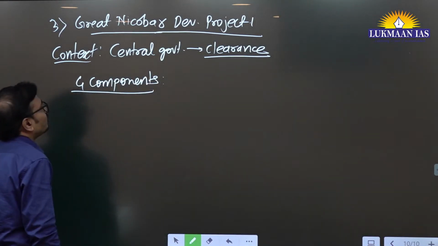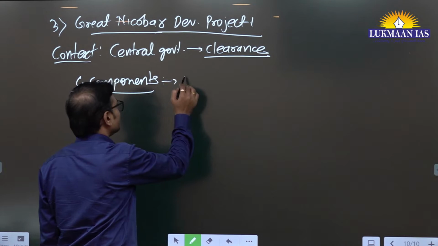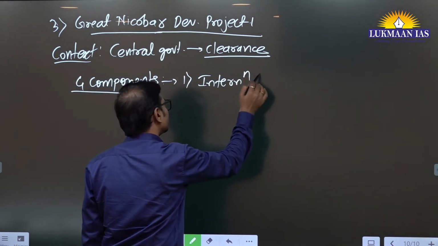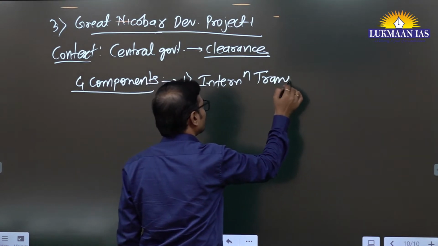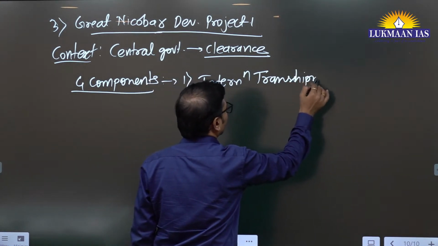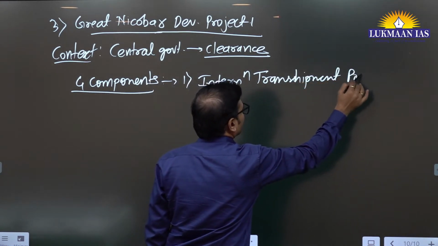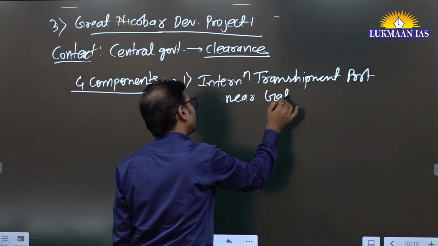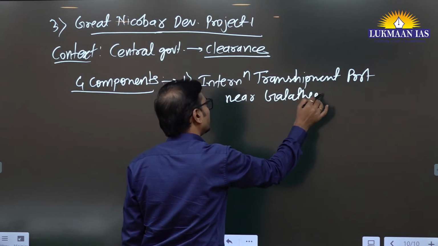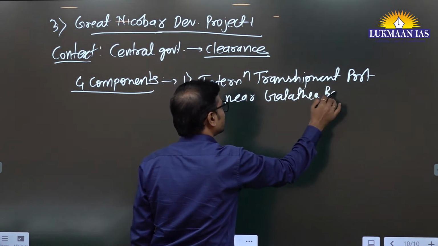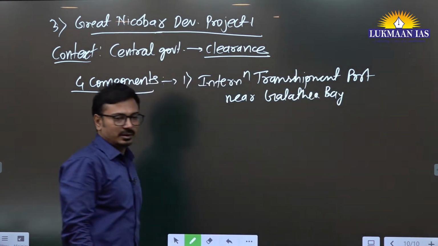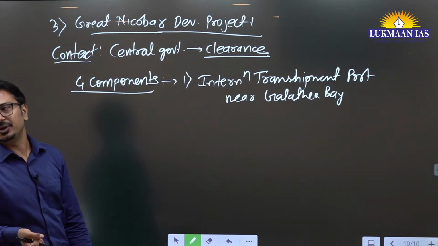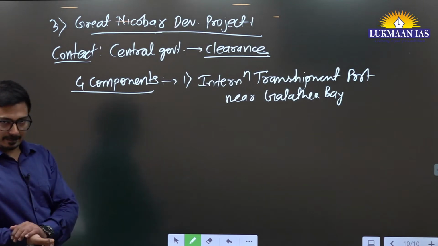All right, 4 components. What are these? 1, international transshipment port. Near Galathea Bay. Galathea Bay जो है, it is very important national park also. It is part of Great Nicobar Biosphere Reserve. Galathea Bay.